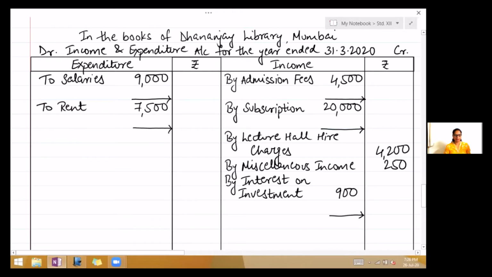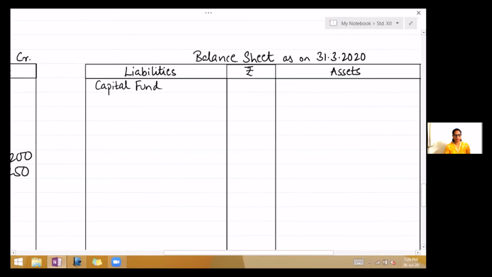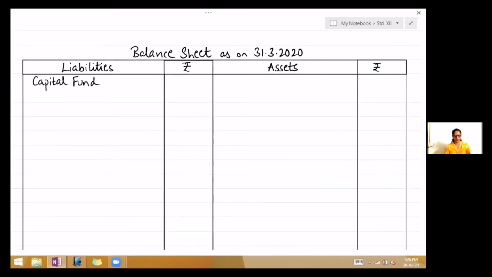Investments. Now investments are assets. So come to the asset side. Closing balance sheet 31st March 2020. So write investments in the inner column 6,000. Leave a line for the adjustment. Stationery expense. So on the expenditure side, stationery.